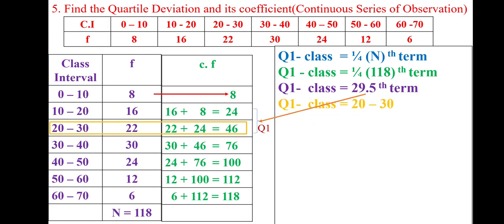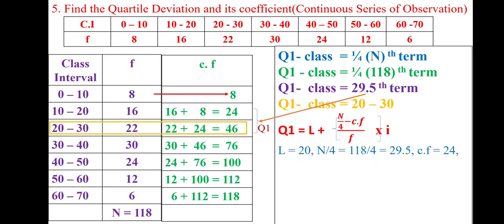In that, we need to find out Q1. Q1 formula equal to L plus N by 4 minus CF divided by F into I. Now L equal to lower limit of the Q1 class. N by 4, 118 divided by 4, 29.5. CF equal to 24. CF, how will you find here?